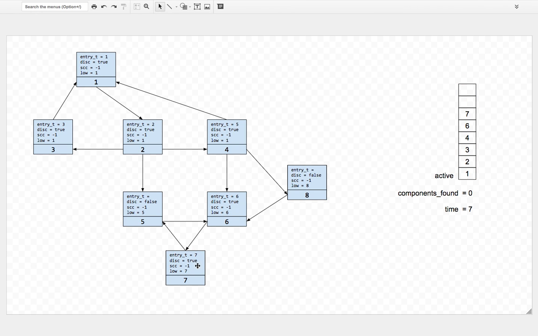And then we process the edges coming from 7, and again there's only one edge here, which points to 5. And 5 is an undiscovered vertex, so this is a tree edge. Edge processing does nothing. We mark the vertex as discovered. We increment the time marker again.